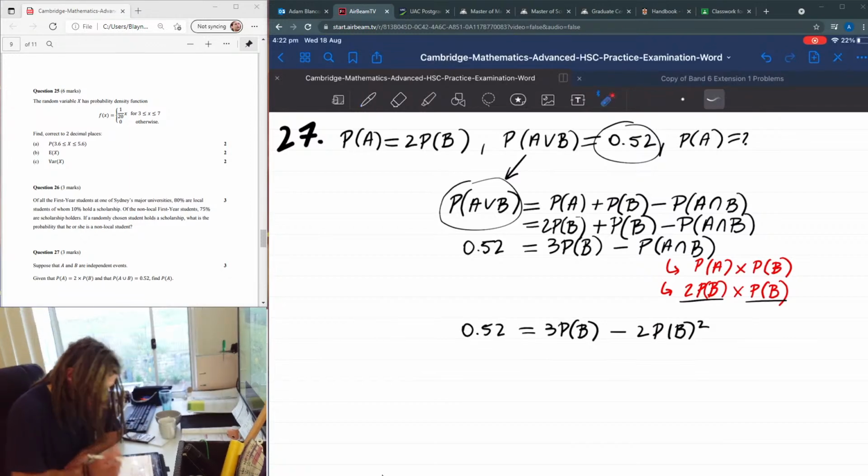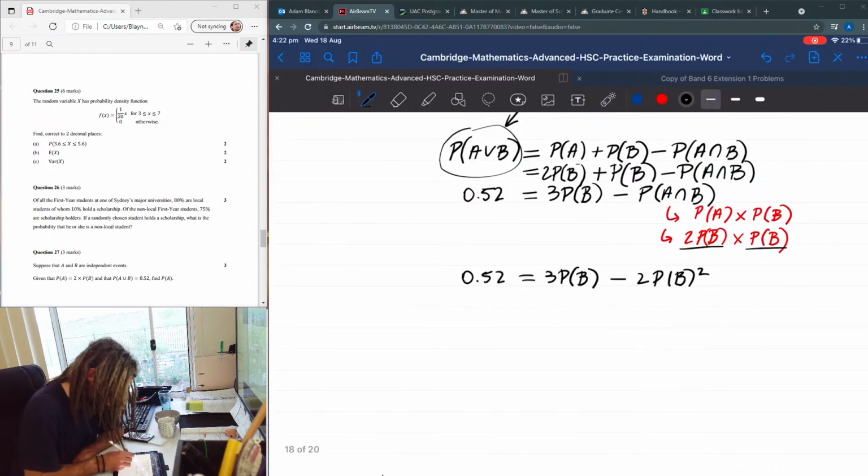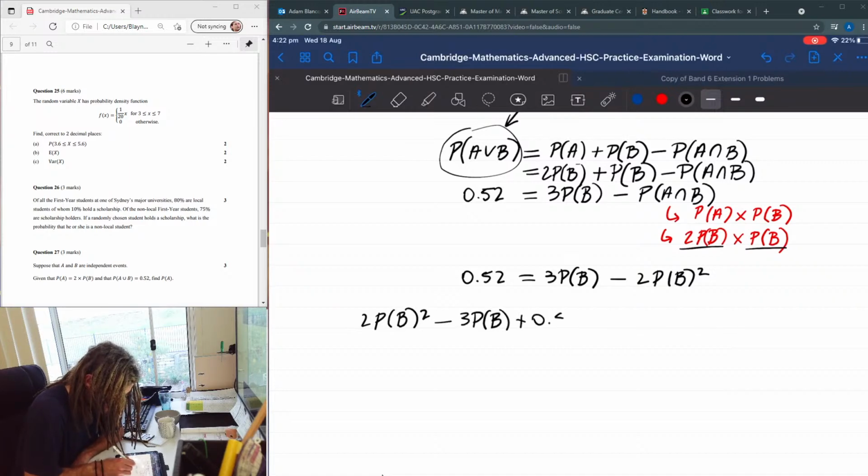Okay, so this is actually really strange, but it's turned into a quadratic. So I've got a squared term and a normal term, so I'm going to move them to one side. So 2P(B) squared minus 3P(B) plus 0.52 equals 0.